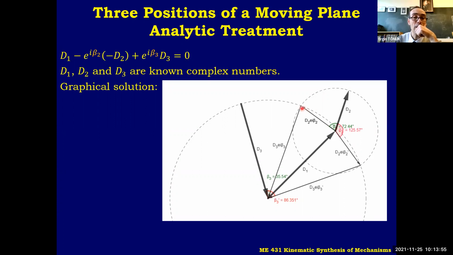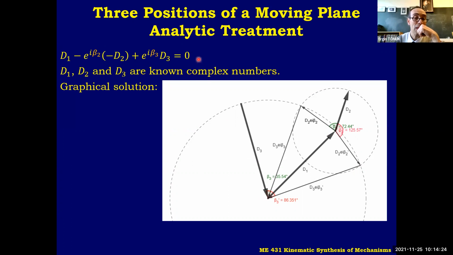This one is one of the solutions. You see, D1 plus D2 e to the i beta 2 plus D3 e to the i beta 3 is equal to 0. And the other one is this solution, D1 plus D2 e to the i beta 2 prime plus D3 e to the i beta 3 prime.